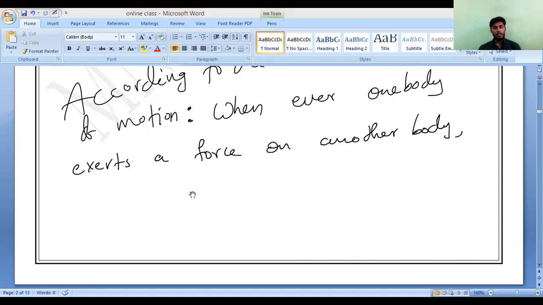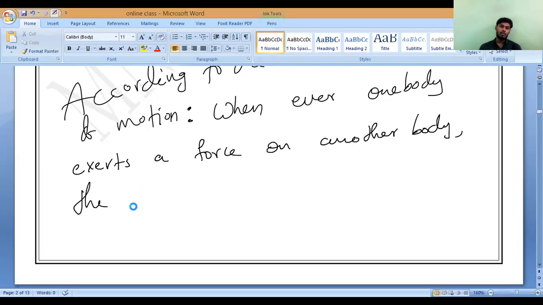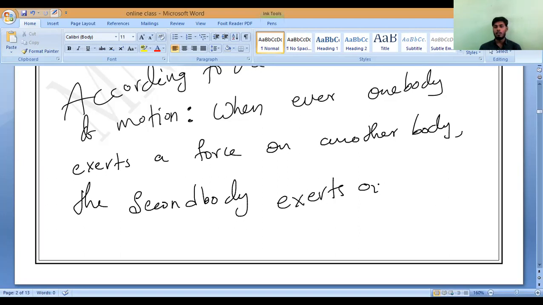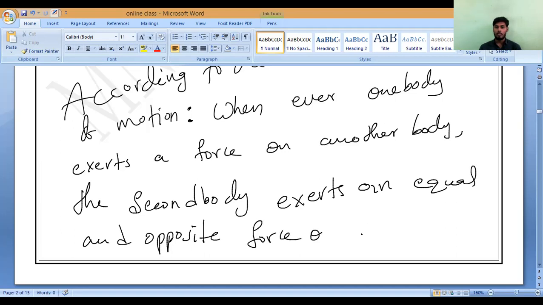The second body exerts an equal and opposite force on the first body. Is it yes or no?